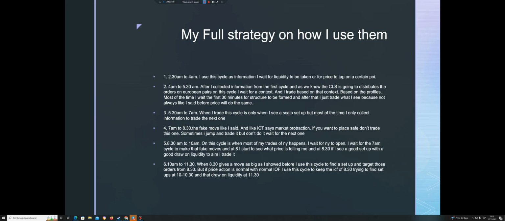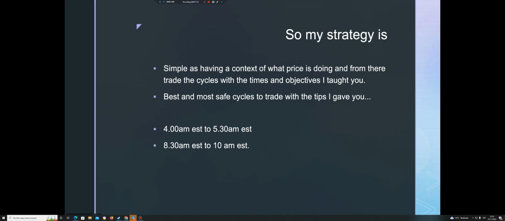Okay, so basically my strategy is simple: having a context of what price is doing, and from there trade the cycles with the time, same objective I told you. The best and safest cycles to trade with the tips I gave you are the 4 AM to 5:30 AM, which is the second cycle of London, and the second cycle of New York.